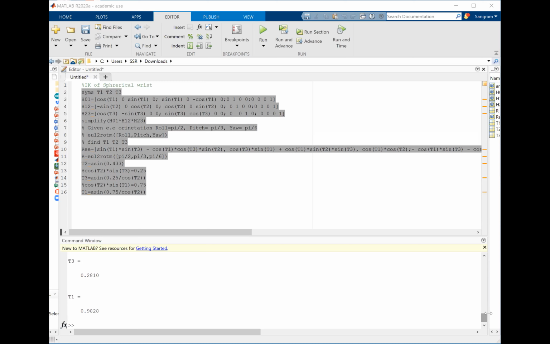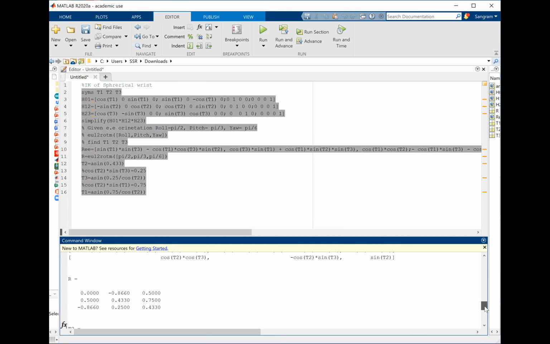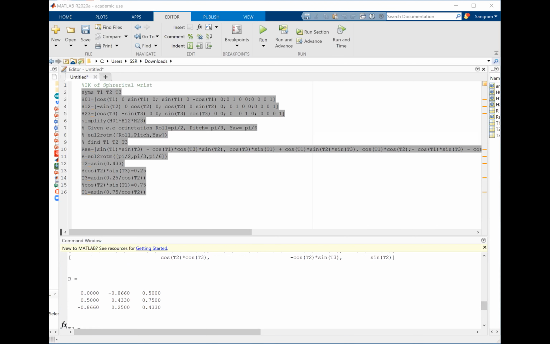My R output is this. So please note this ZYX coordinate system, even though it is specified by ZYX, it is not yaw, roll, and pitch. It has to be roll, pitch, and yaw. So what I'm going to do is try to show you what that means.